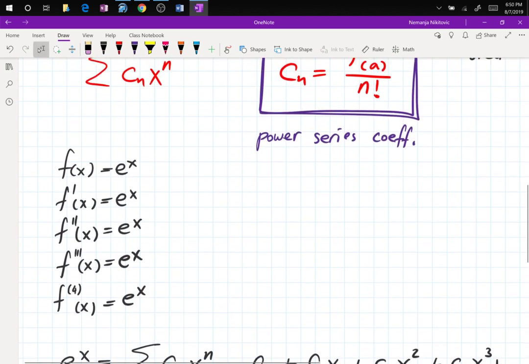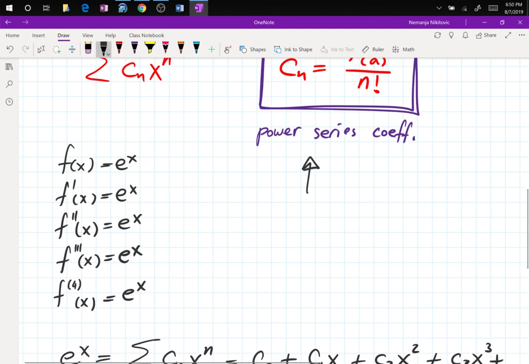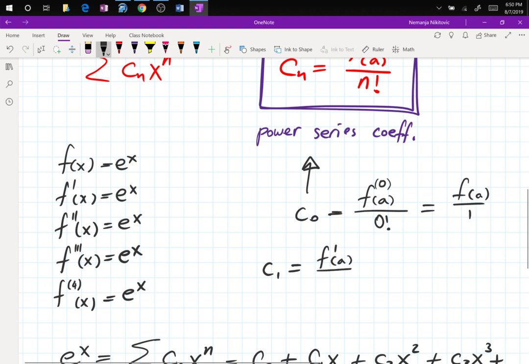So looking at the formula up there, my C0 is going to be the 0th derivative computed at a divided by 0 factorial. Well, that's just f of a divided by 1. C1 is the 1st derivative computed at a divided by 1 factorial.